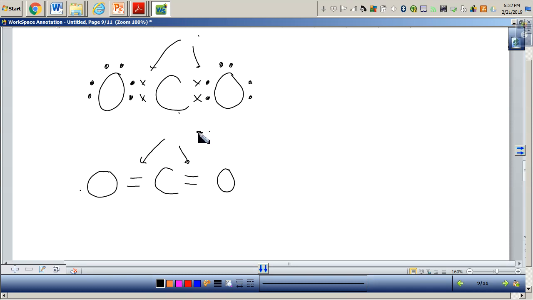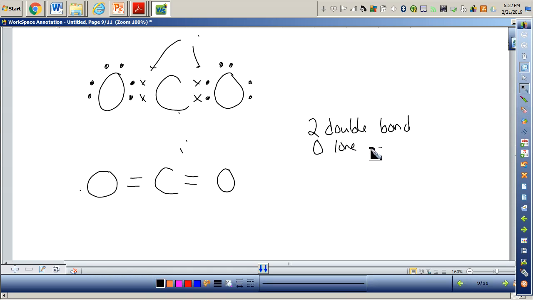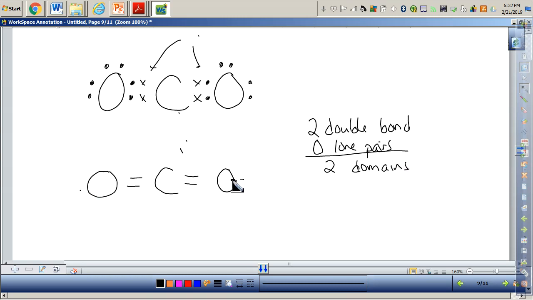And just remember, when you're counting up your domains, a double bond only counts as 1 domain. So each double bond is only 1 domain. This is 1 domain, and this is 1 domain. Okay, so we have 2 double bonds. We have 0 lone pairs. And so therefore I have 2 domains. 2 domains, it's linear. And that's what I'm showing here. I'm showing a linear structure.